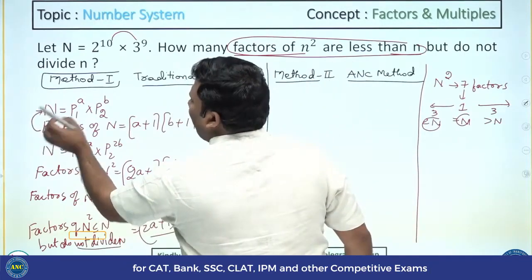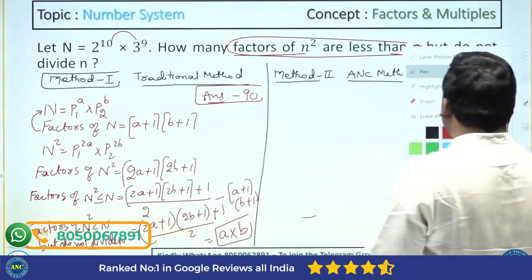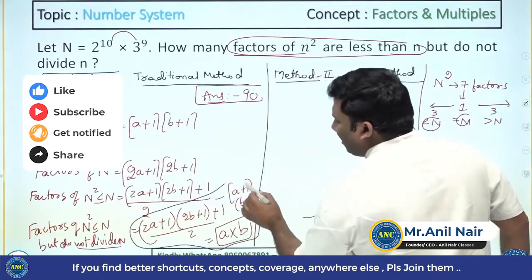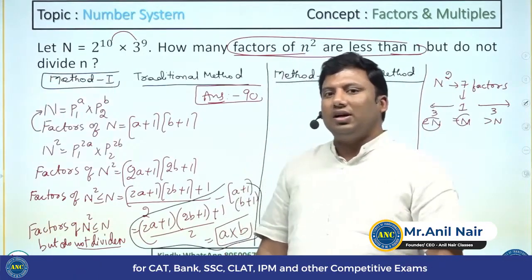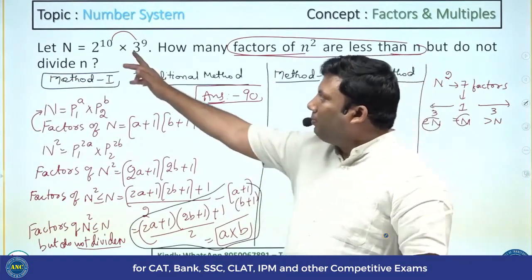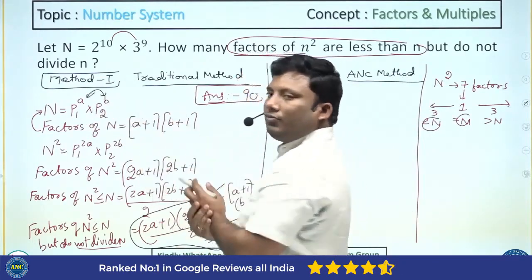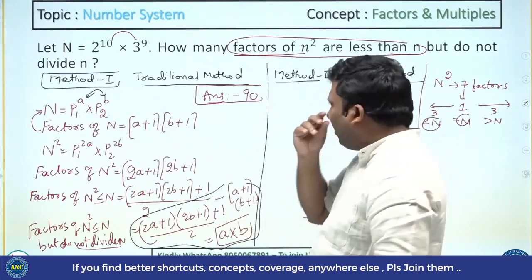These are the numbers whose factors will divide n, so I have to subtract those cases. If I do this, I will get the final answer a into b. What are a and b? A and b are the powers. This is one way, the mathematical way.